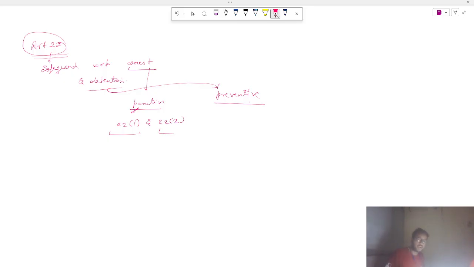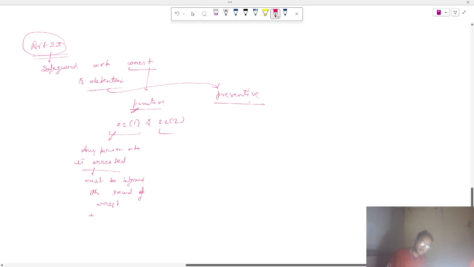First, Article 22(1) says that any person who is arrested must be informed of the ground of arrest. If you have arrested a person, then I have a right to know on which ground you have arrested me.